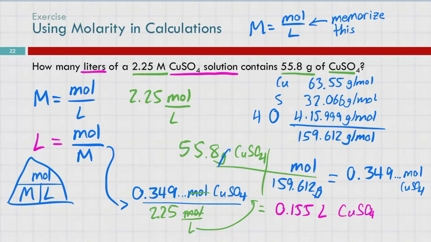Questions about any of that work? A reason that we might do this calculation is if we want a 2.25 molar copper sulfate solution. For some reason, we just need some, and we have 55.8 grams.